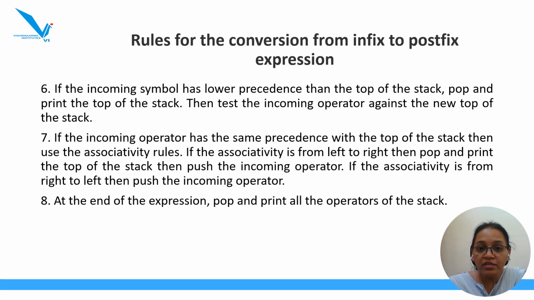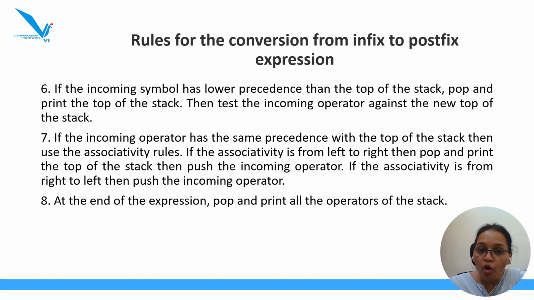However, if the incoming symbol has lower precedence than the top of the stack, what does that mean? If your stack top contains a symbol with higher precedence and the incoming symbol is of lower precedence, the higher precedence symbol will not allow a lower precedence symbol to sit on top of it, right? So what you have to do in that case?